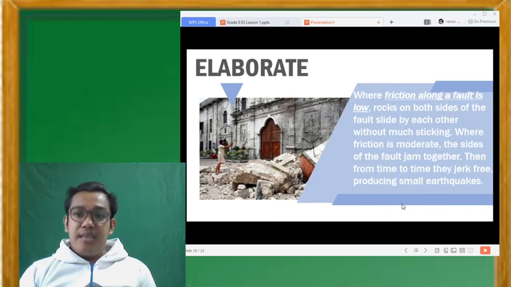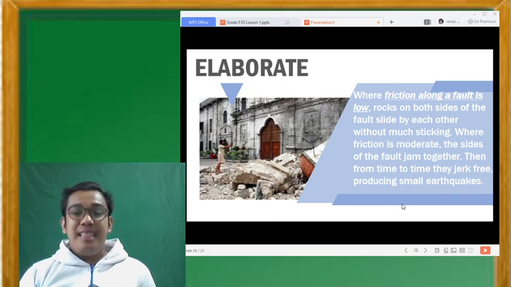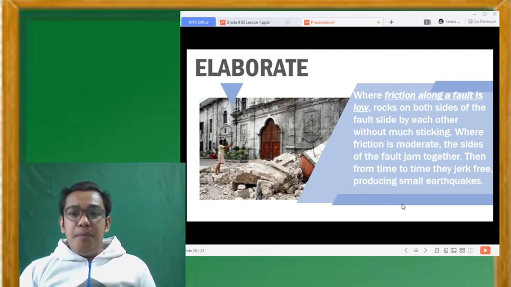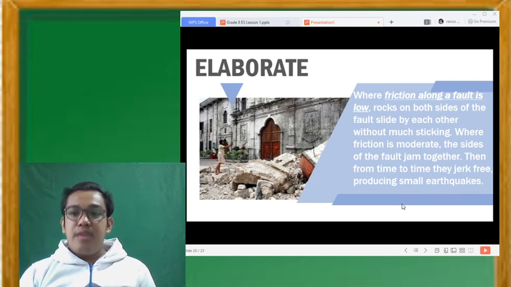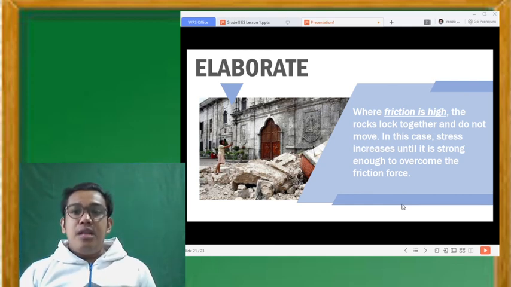So where friction along a fault is low, rock on both sides of the fault slides by each other without much striking or sticking. Where friction is moderate, the sides of the fault stick together, then from time to time they jerk free, producing small earthquakes. Where friction is high, the rocks lock together and do not move.